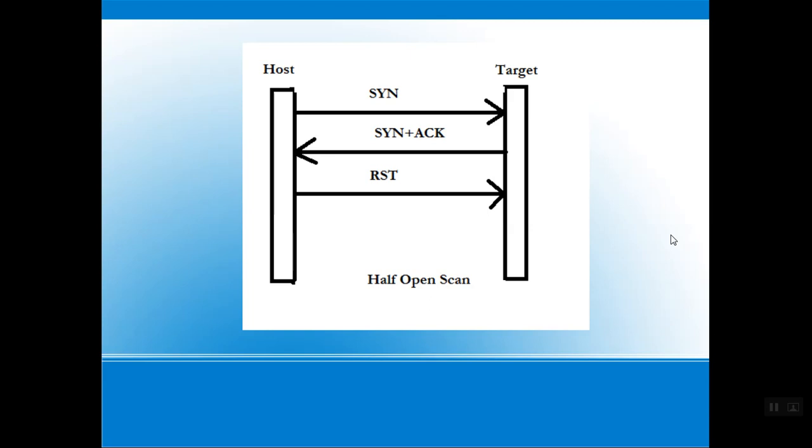The diagrammatic view of half open scanning is: the host is sending a SYN packet to the target, the target is sending a SYN plus ACK packet in response, and the host, instead of sending an ACK packet, will now immediately send an RST packet. The nmap command for stealth scanning is nmap space -sS space the URL name or IP address.